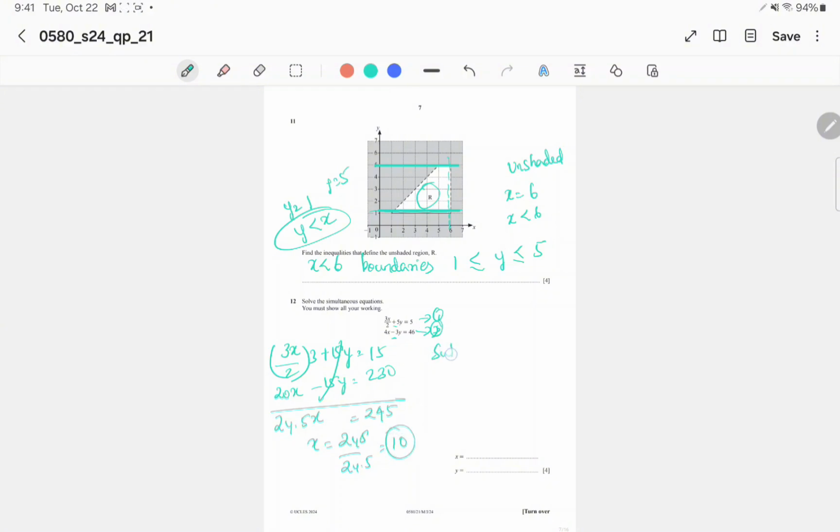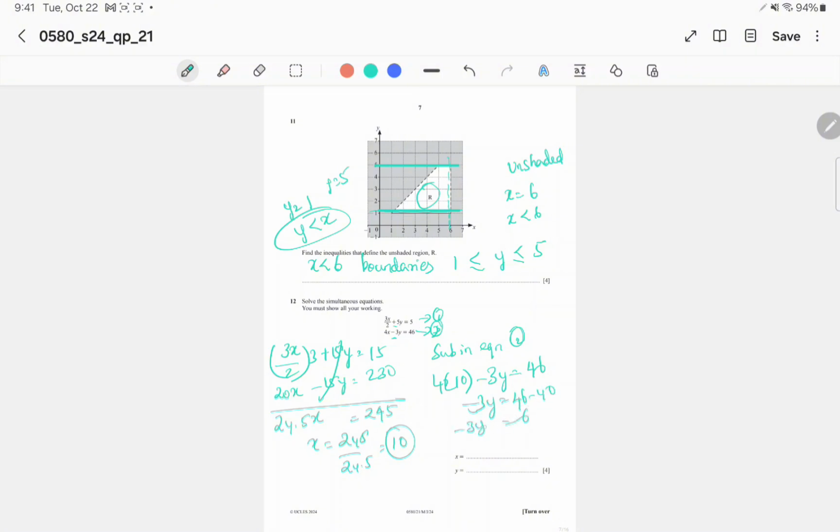So substitute in any of the equations. I substitute in the second equation to get it easily. 4 into 10, directly I am substituting. Okay, 4 into 10 minus 3y equal to 46. Okay, 40. So minus 3y equal to 46 minus 40 equal to 6.